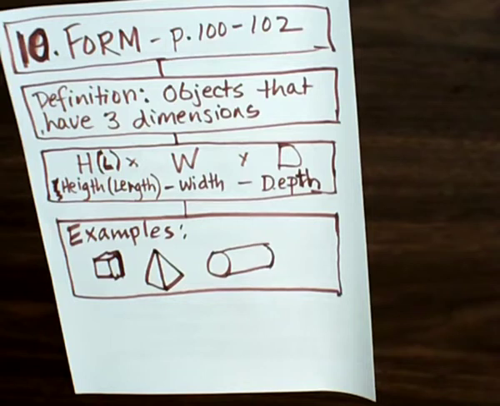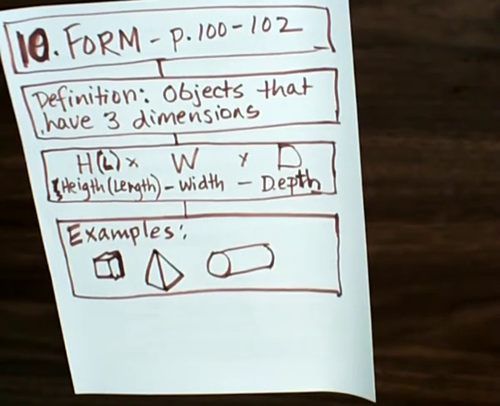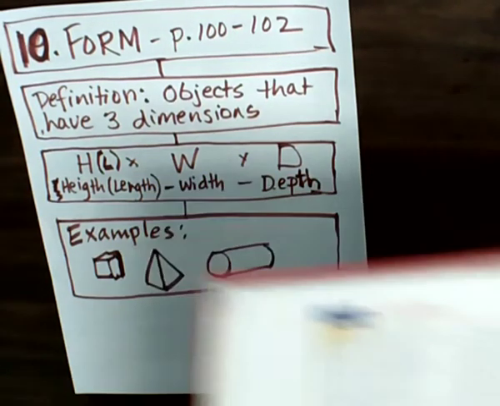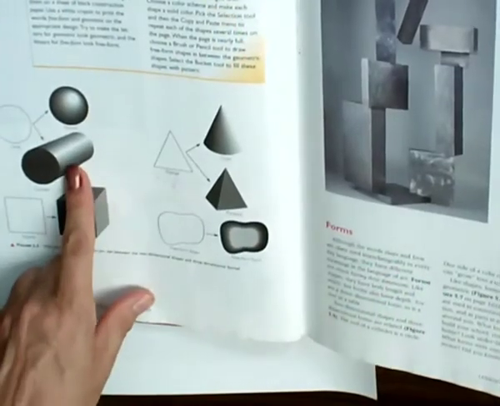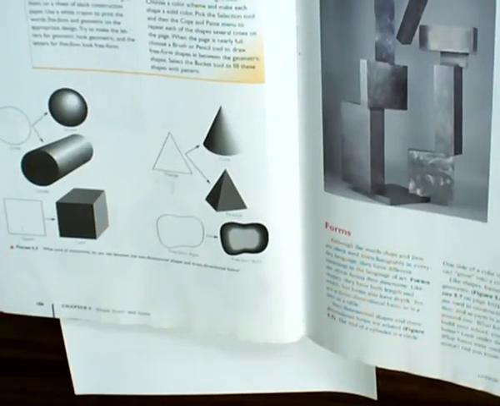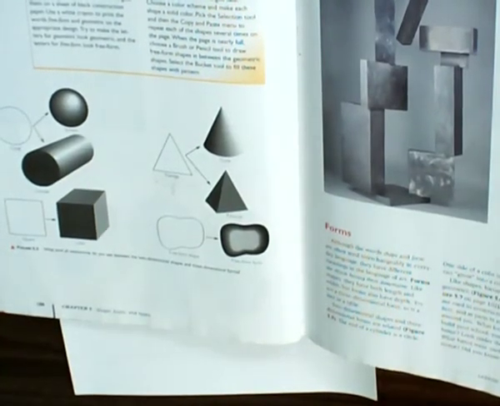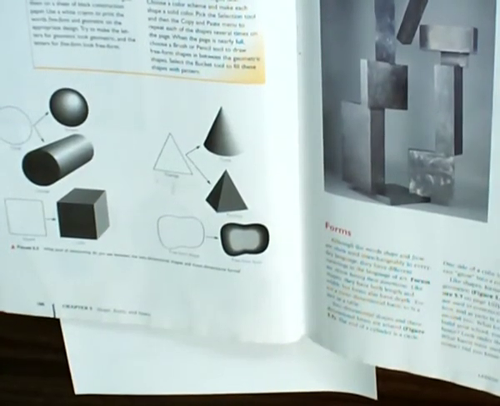So sometimes when we're talking about a form, we're talking about a real form. Sometimes we're talking about an illusion of form. Are these real forms here? No. We've created that illusion by doing what? By using shading, right?